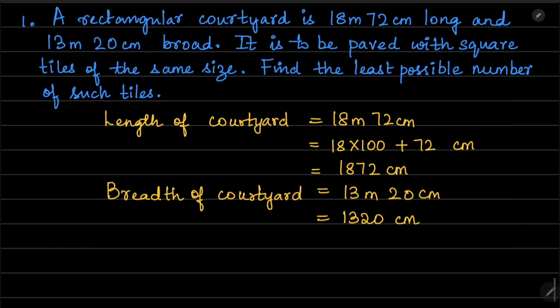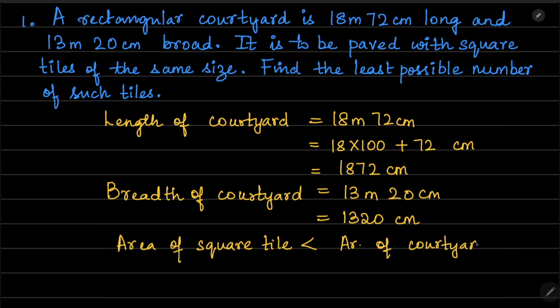So let me write that: the size of the square tile, or the length of the square tile, is always a value which is lesser than the area of the courtyard which is given to us.